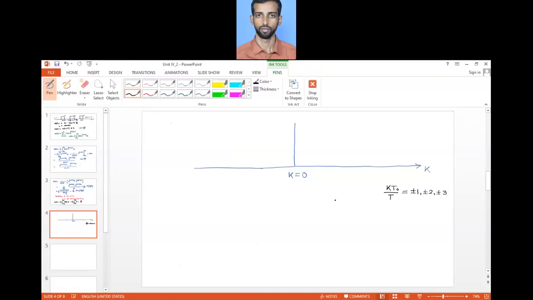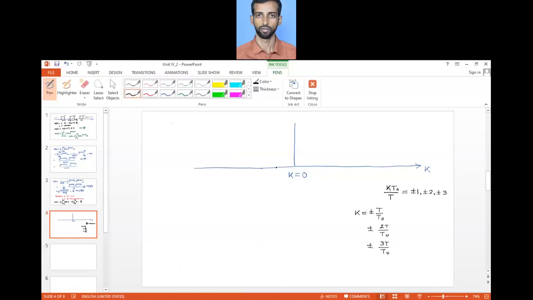So it suggests that k should be equal to plus minus t by t naught, plus minus 2t by t naught, plus minus 3t by t naught, and the value will be 0. So accordingly, we have to identify those values, and then the variation. Although I'm showing a continuous kind of variation, remember this is a discrete variation.